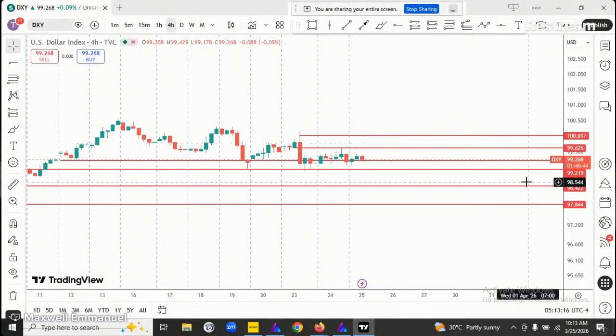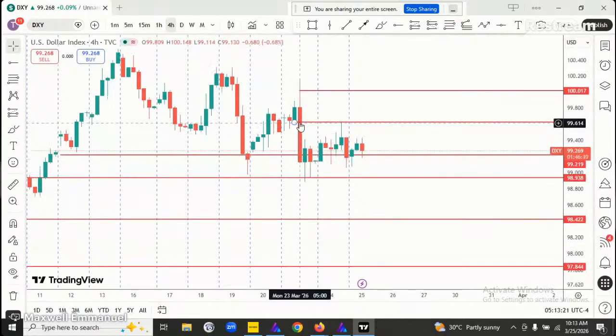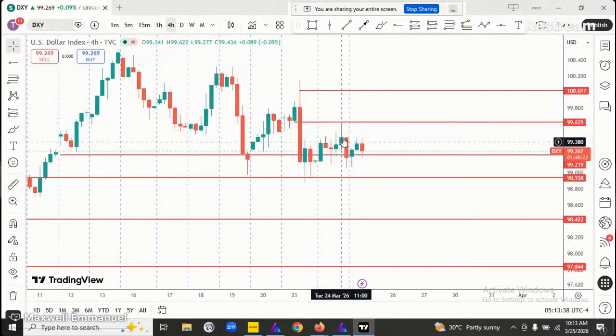So we can see we have this fair value gap here, which got filled yesterday. So most likely they might want to retest this high, because this high has become an area of liquidity. After the formation of this shooting star yesterday, most retail traders would have executed sells.